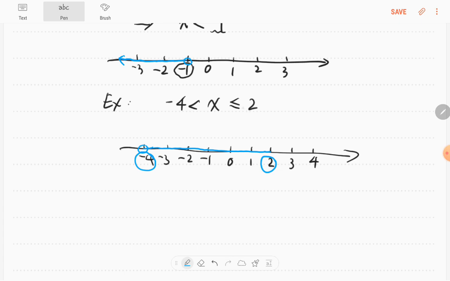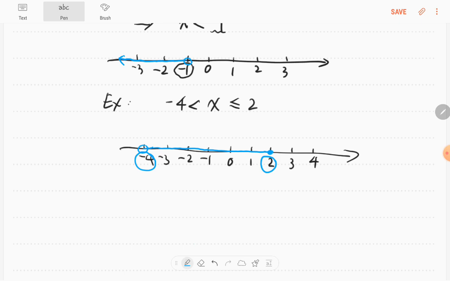But let's check the 2. Is 2 a possible value for x? Here it also has the equal sign, which means 2 is possible for x. So for the 2, we need to put a closed circle, which means 2 is included.